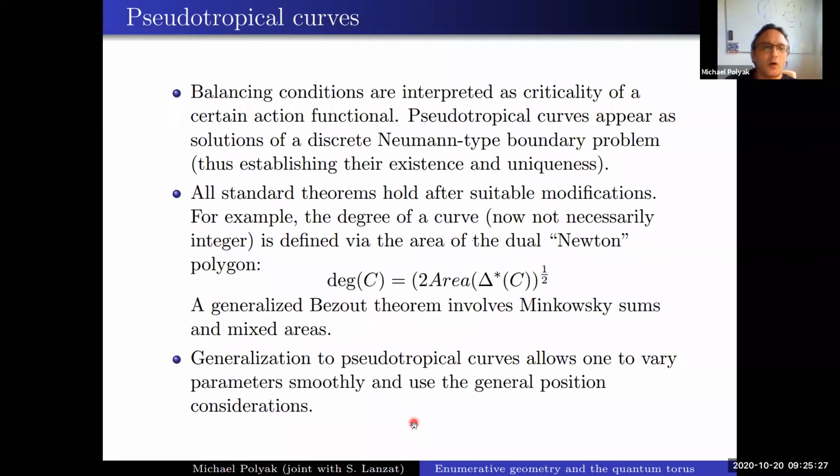So now, what about the existence or uniqueness of these curves when you fix the metrics or lengths of the internal edges?